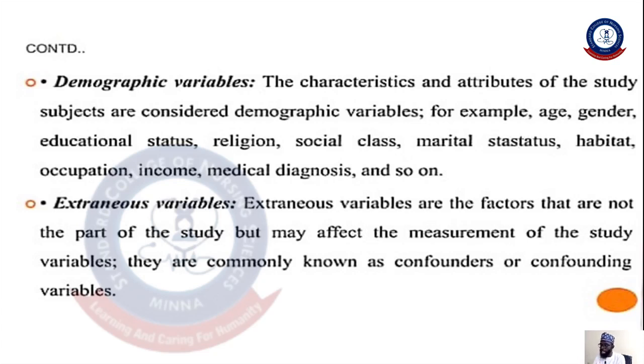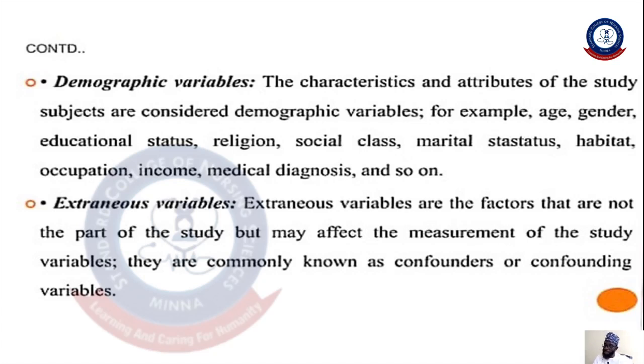So if you say age, gender, educational status, religion, social class, occupation, marital status, income, diagnosis, all these things are variables, but demographic variables. You're just trying to bring out characteristics of a particular variable, which is human being. And human being can be classified as an independent variable.